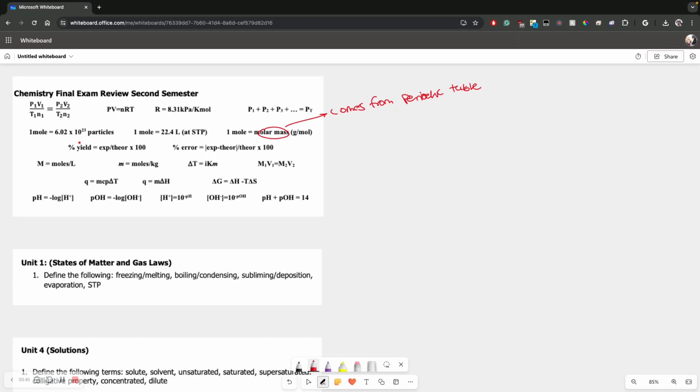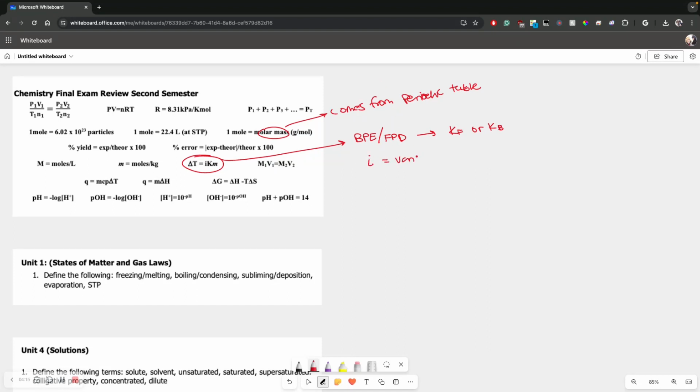And then we have one of my most favorite equations, delta T equals iKm. This is used to solve for your colligative properties. So you're going to be solving your boiling point elevation and freezing point depression with these equations. Just remember that the K can be the freezing or boiling. The i in this equation is your Van't Hoff factor.